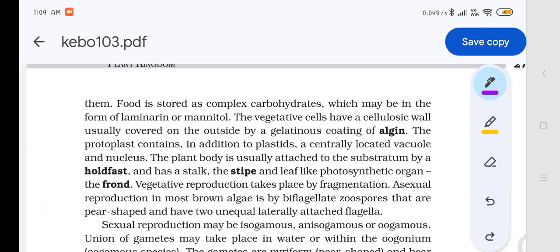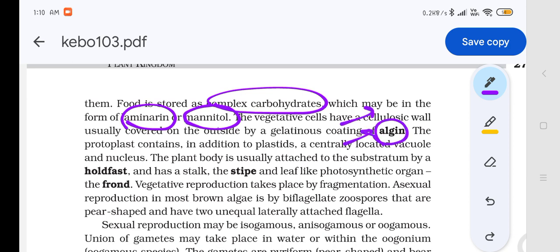Food is stored as complex carbohydrate, which may be in the form of laminarin. Laminaria is an example of brown algae. Laminarin or mannitol, they are complex carbohydrates. The vegetative cells have a cellulosic wall, usually covered on the outside by a gelatinous coating of algin. Inside cellulose, outside algin.